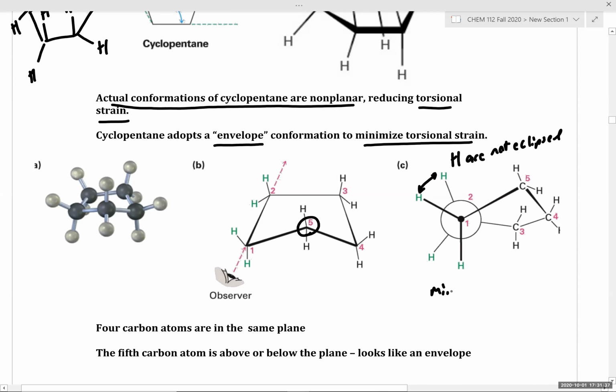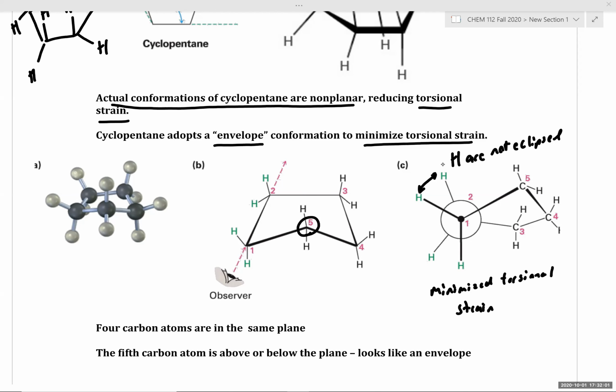So we have minimized torsional strain and torsional interactions between our substituents. Does this idea make sense?